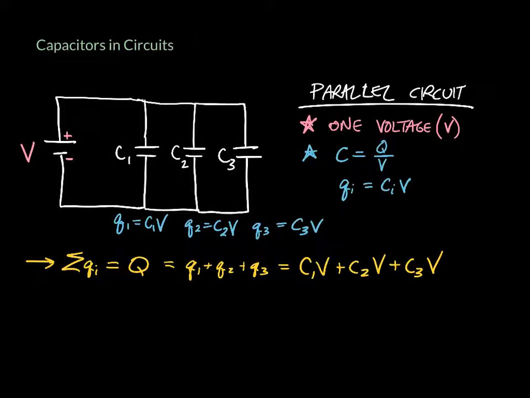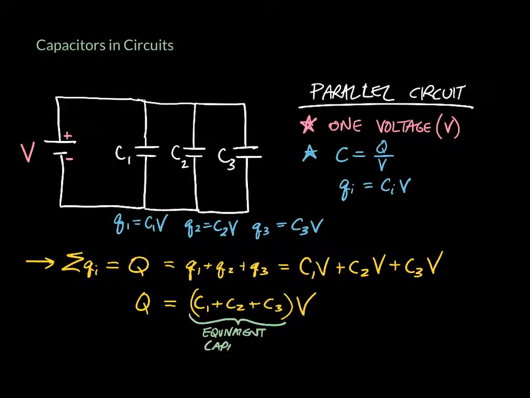So this means that my total charge, notice that voltage is common to all of these things, I can pull out the sum of the capacitors times the voltage. So what this is here, this is an equivalent capacitance.